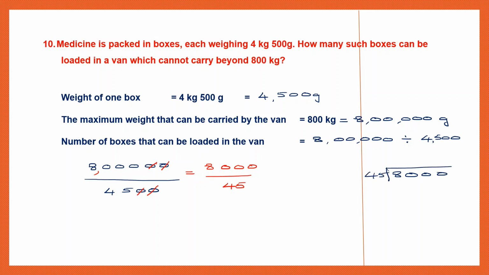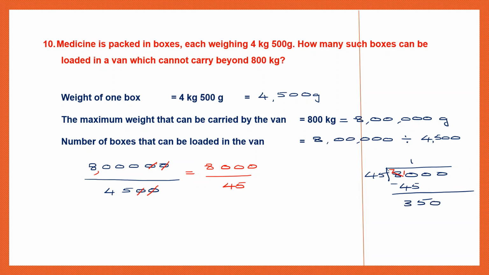45 ones are 45. Minus, now here we need to borrow, so this becomes 7 and this is 10. 10 minus 5 is 5, 7 minus 4 is 3 and then we have 0 here.